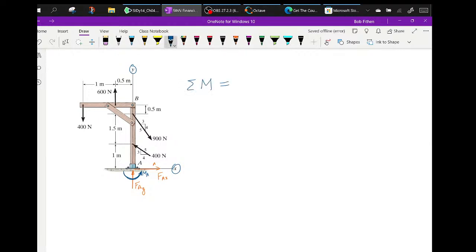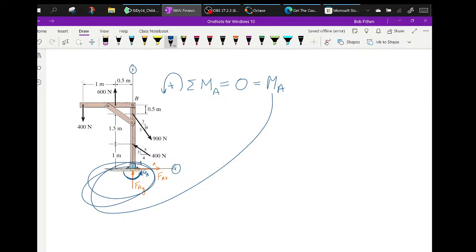Usually to find a moment, you sum the moments about a place. You can do it somewhere else, but I'm going to sum the moments. Now, is the object moving? Nope. So I'm also going to designate this as positive. That looks kind of funny, so let me do it again. That's positive. So I've got an M_A. That's the one the ground is supplying back to this structure.